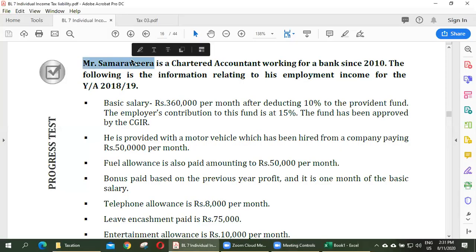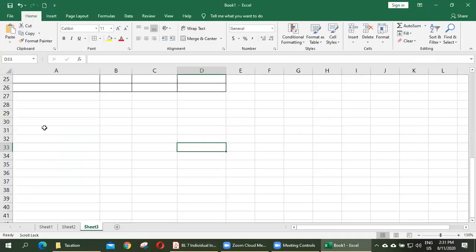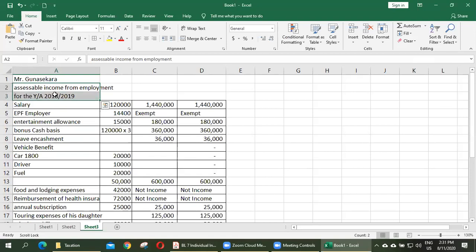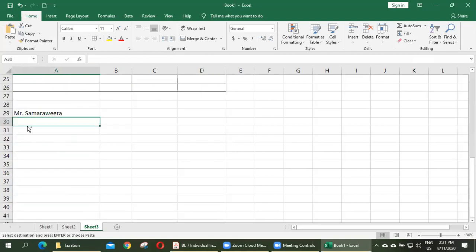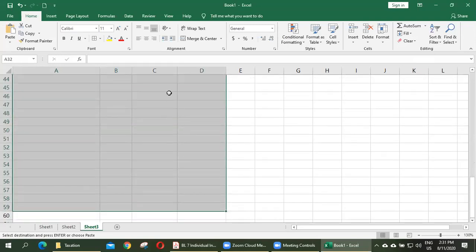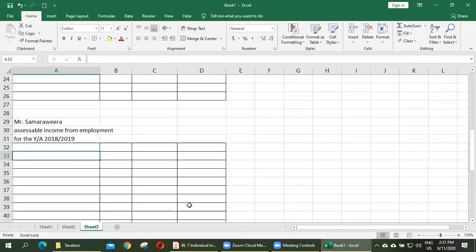Mr. Samaravira, calculation of personal income for the year of assessment 2018-19, and we draw a table. Right, first salary. How much salary?